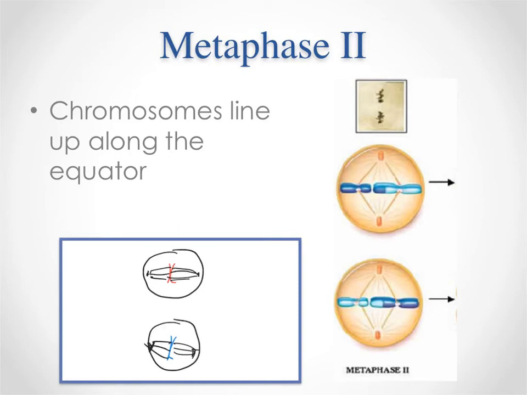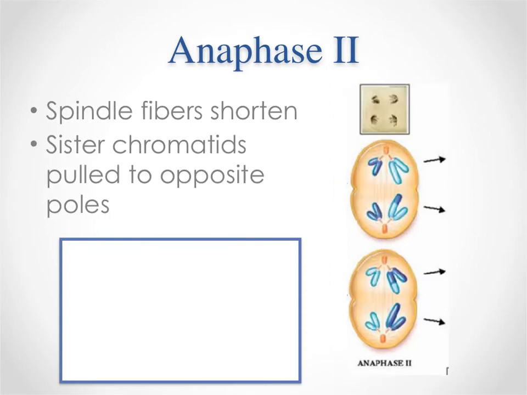Okay, and they're lined up on the equator of the cell, getting ready to divide. In anaphase 2, the spindle fibers shorten and the sister chromatids start getting pulled to the poles of the cell.